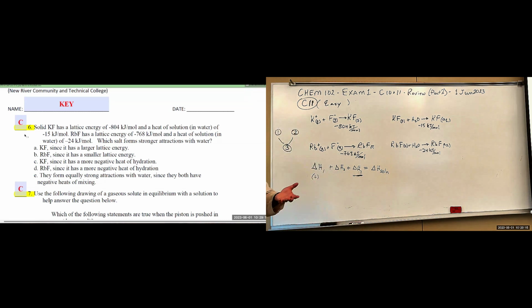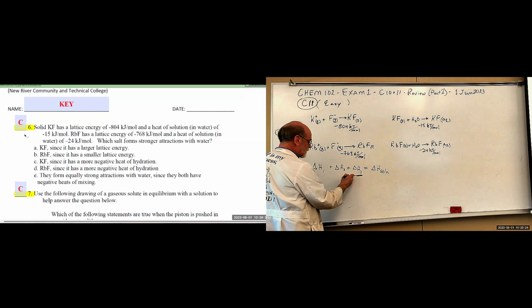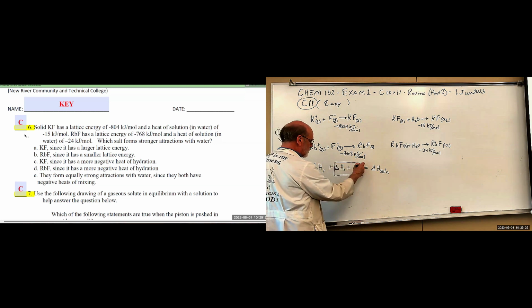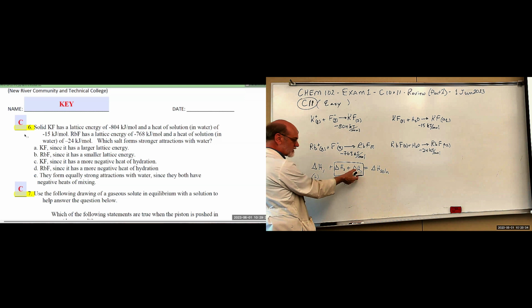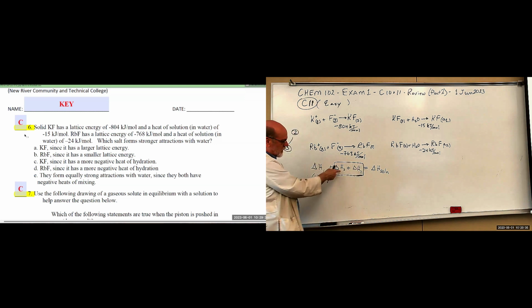Well, it's the same for both of them. The same energy goes into splitting them apart for either one. It doesn't matter, so all we need to do is compare the lattice energies, because this part is the same for both of them.